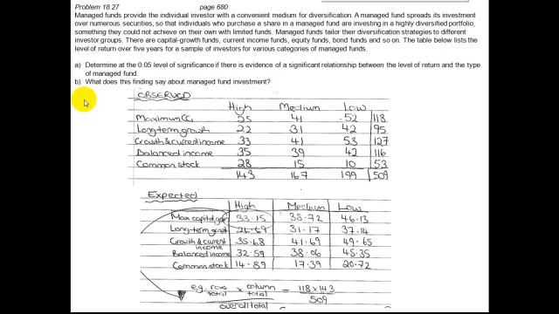And remember, the logic of this test of independence is to compare what we've observed to what we would expect if the factors were independent, so if there was no relationship.